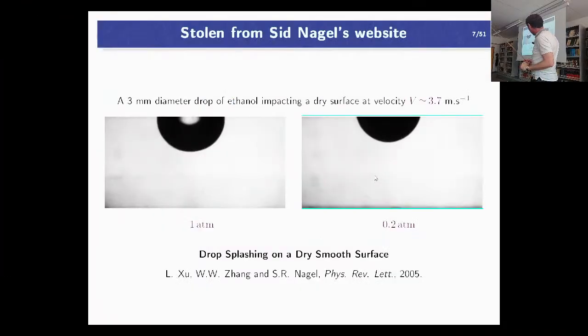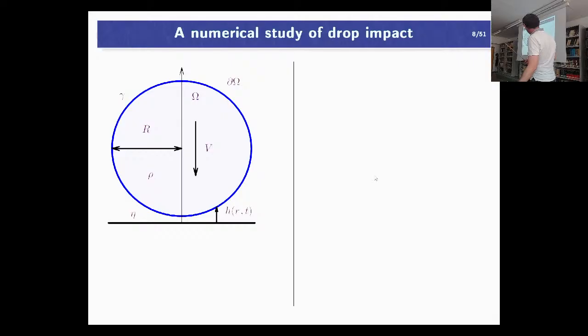So this is what I tried to study by writing a code. Without using Basilisk, this is a homemade code, you can suppose that viscosity can be neglected inside the drop because the Reynolds number is very large.